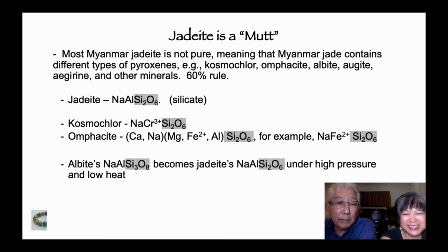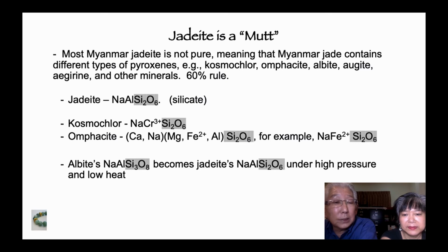One of the things that we are always cautious of is people trying to sell us this relatively clear albite with the green accent. Albite is almost the same. The chemical elements are the same, but the number of each element in albite is different than in jadeite.